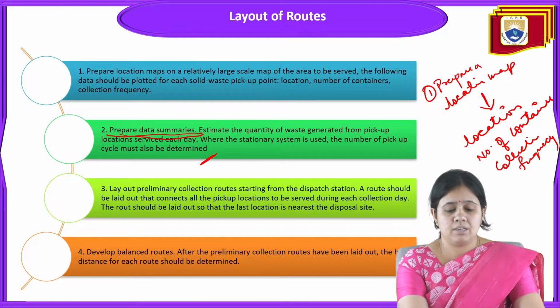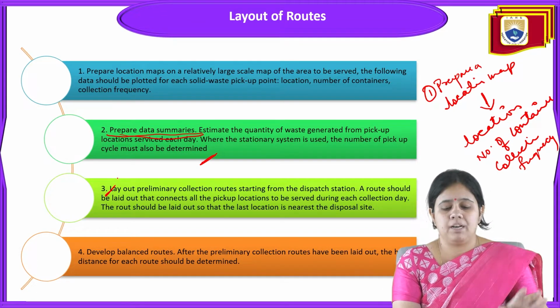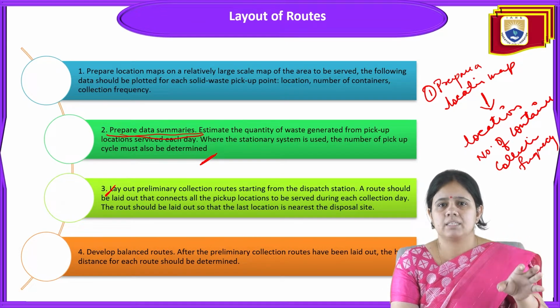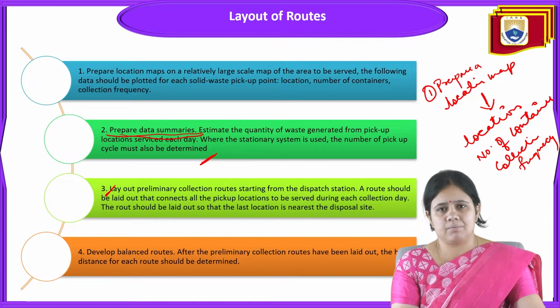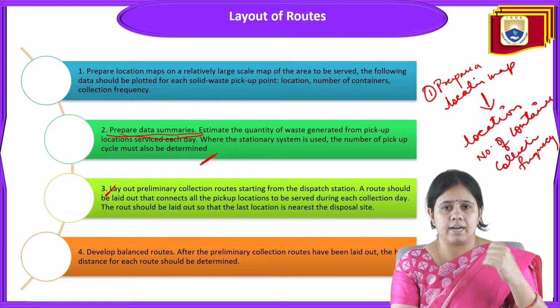And the third point is the layout of the preliminary collection. Preliminary collection means collection at the doorstep, set-out set-back collection, either the alley collection method or the door-to-door collection method, whichever method is adopted by that particular municipality.